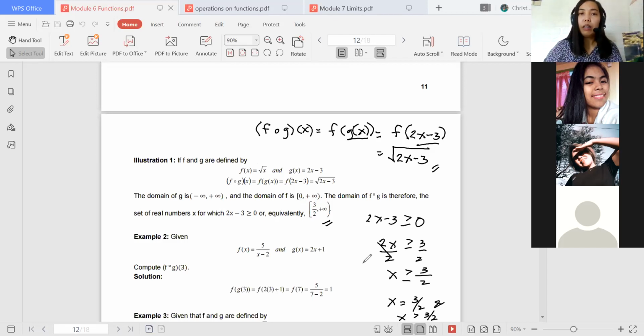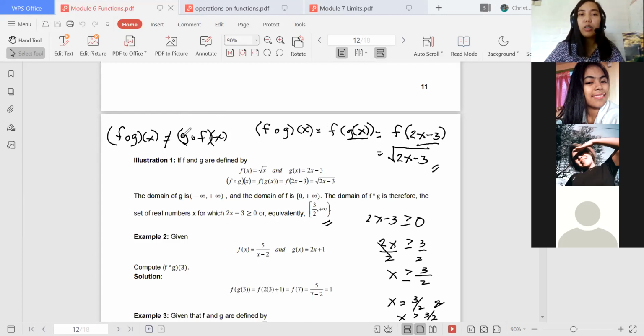Okay? Sabi natin, class, f composite g is not equal to g composite f. Most of the time, they are not equal. Okay, siguro merong chance, pero hindi siya for all. For some functions, hindi siya equal.